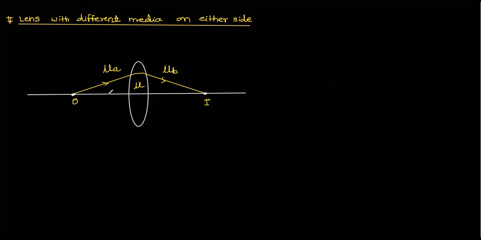So let us suppose this surface is having radius of curvature R1, and this side you are having R2. So at surface 1, this is surface 1, I am writing here 1, and this is surface 2.